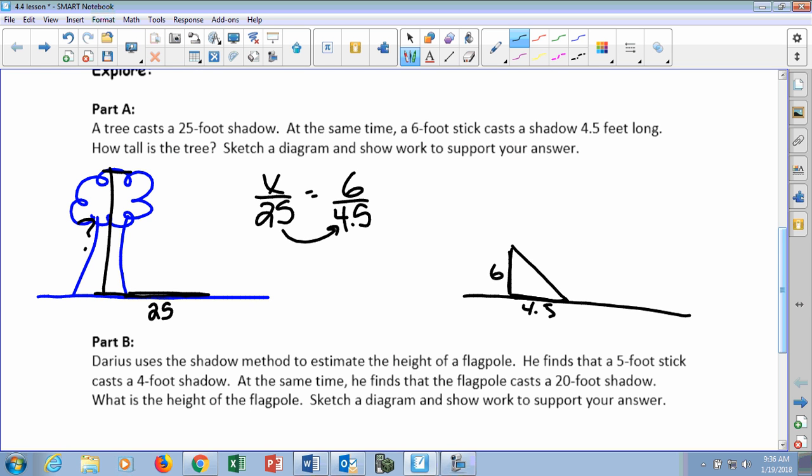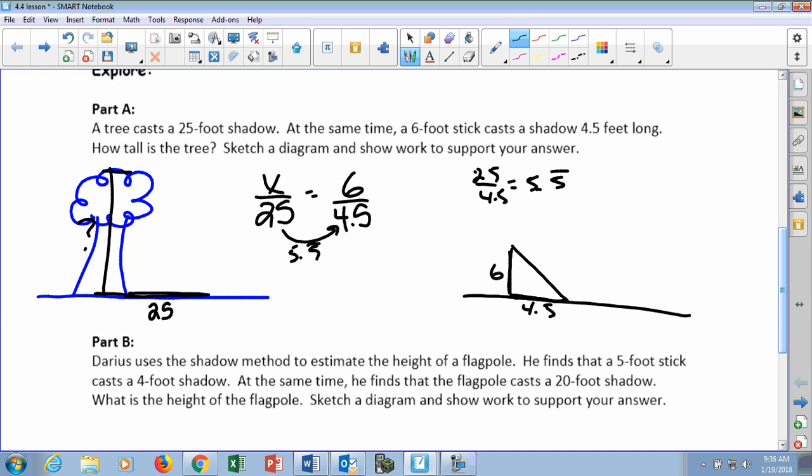How are we going to figure out the ratio from 25 to 4.5? If you take 25 and divide it by 4.5, you get 5.5 repeating, 5.55555.